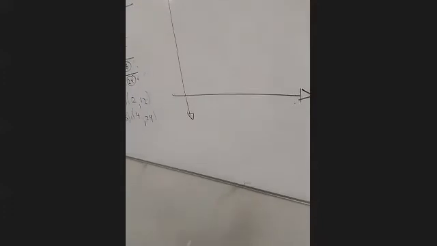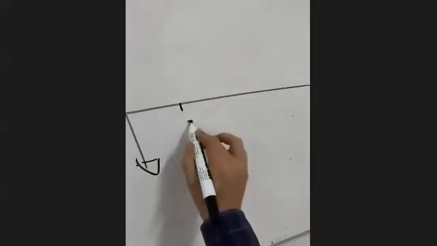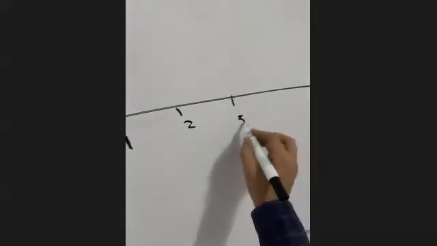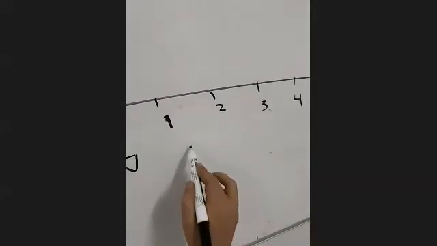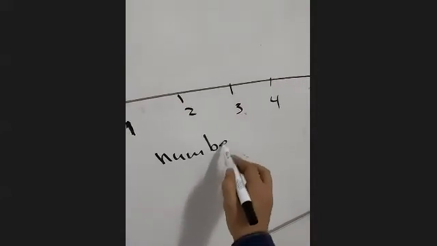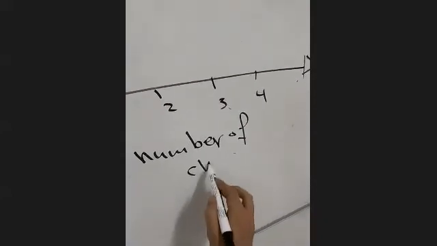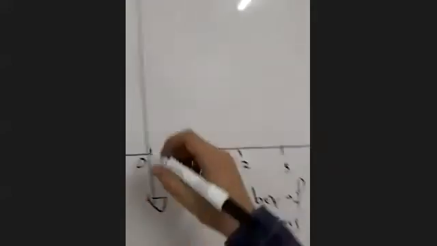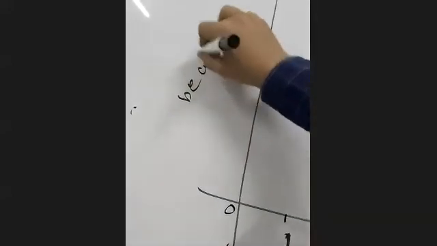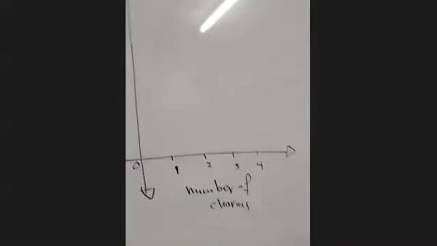See it? Down we have numbers 0, 1, 2, 3, 4, and here they wrote number of charms. And here the beads for the Y. This is X always, and this is Y always.